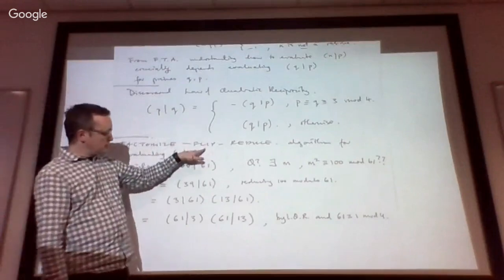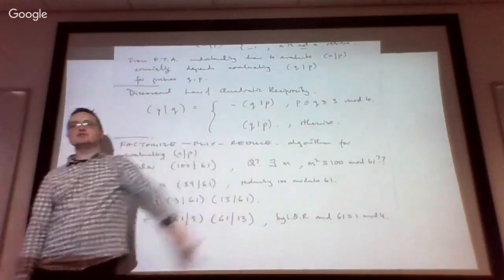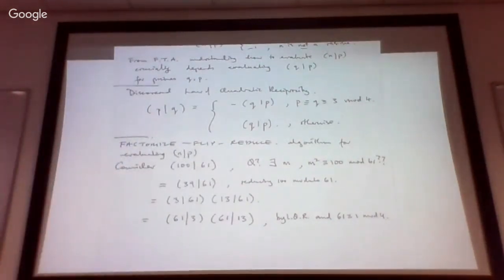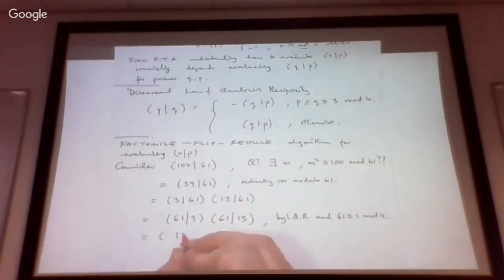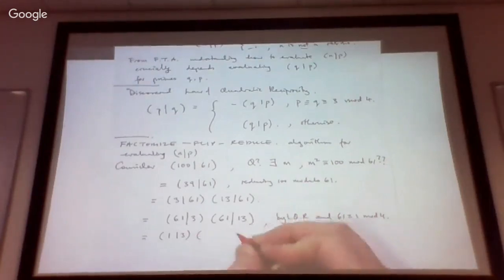We factorized, we flipped, we reduce again. What is 61 modulo 3? It's 1. 61 divided by 3 leaves remainder 1. What is 61 modulo 13?